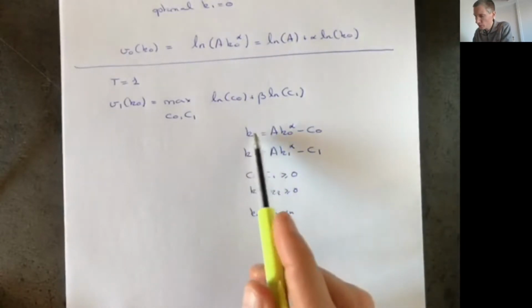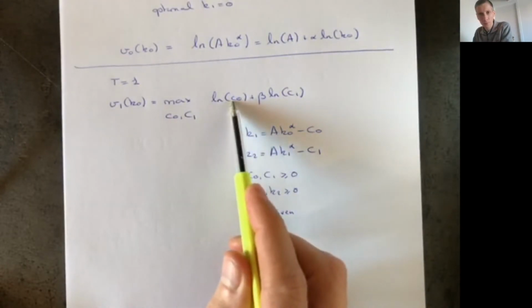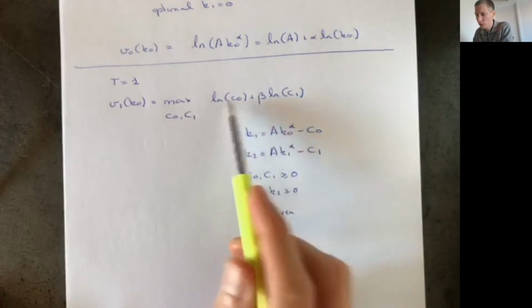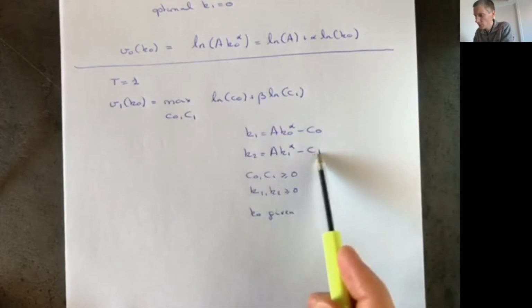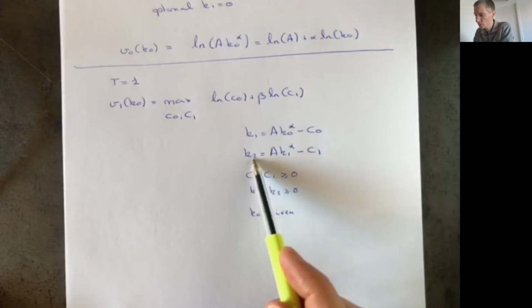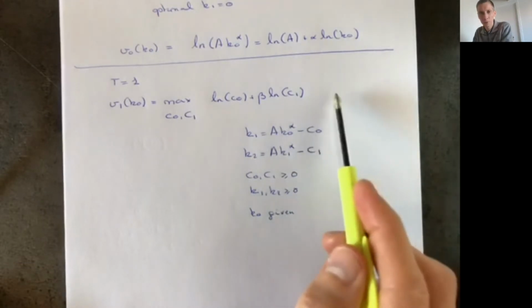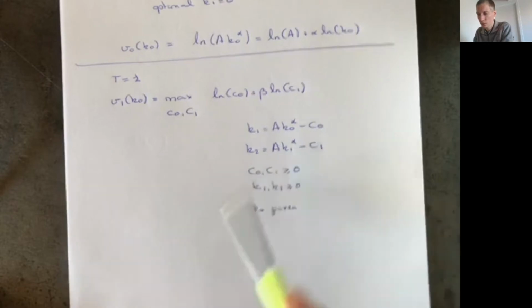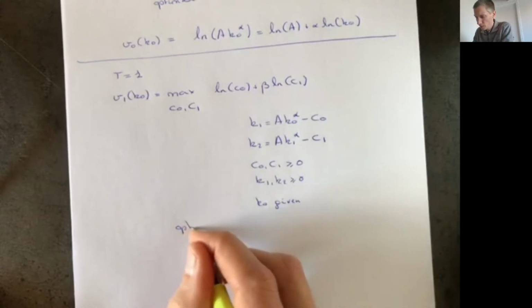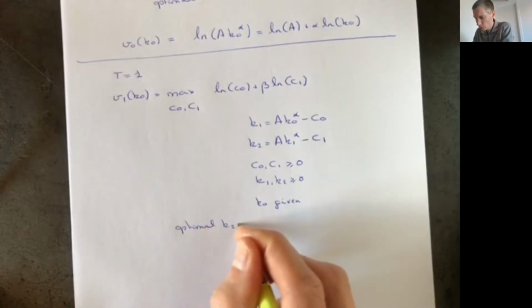So how do I solve this here? Well, C1 and C0 are in my objective function. After I've chosen C1, I have K2 left, but I don't care about the second period, right? So the best thing that I can do is put K2 equal to 0.